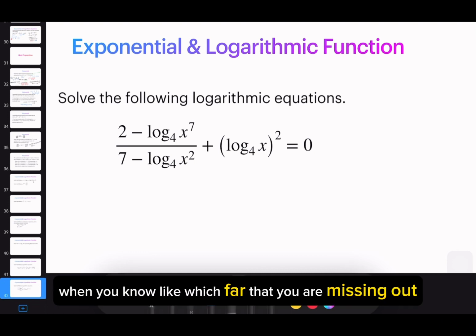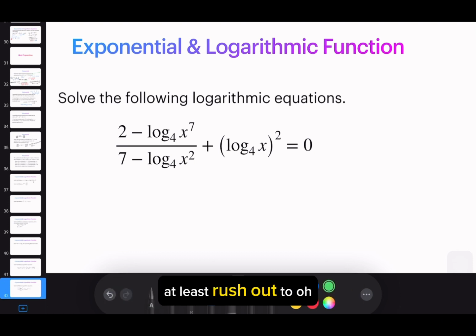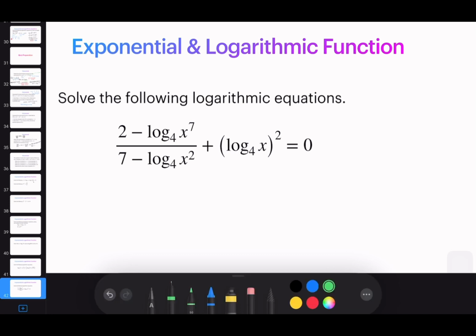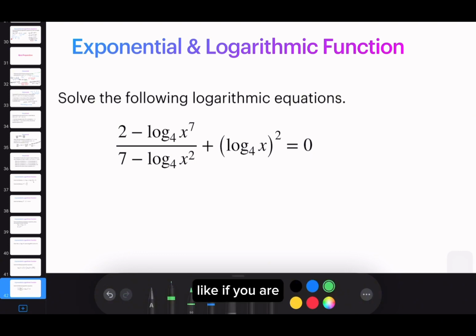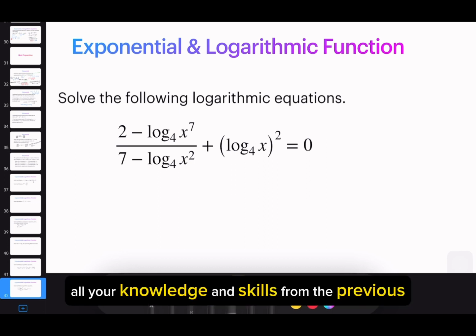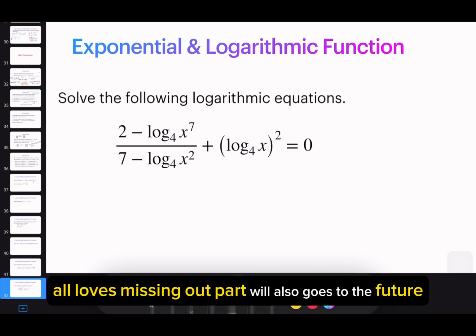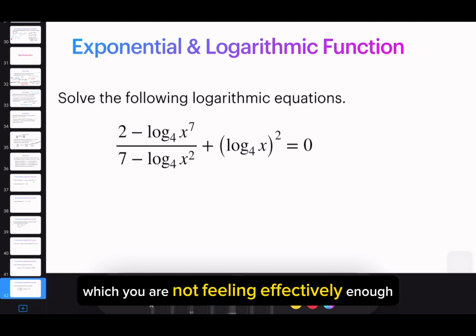When you know which part you are missing out, that means you need to rush to understand it, and perhaps you can trace which part you have been missing all the time. If you bring all your knowledge and skills from the previous part of your life to the future, all those missing parts will also go to the future, and sometimes you will get jumbled information which you are not really familiar with.